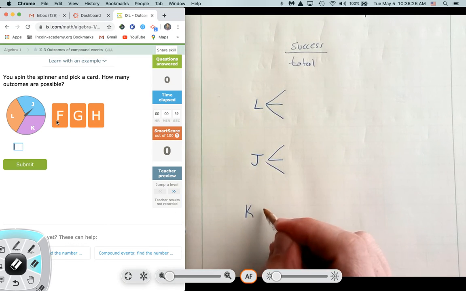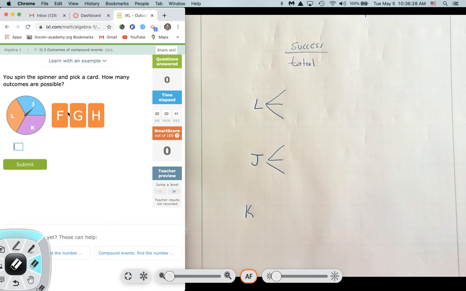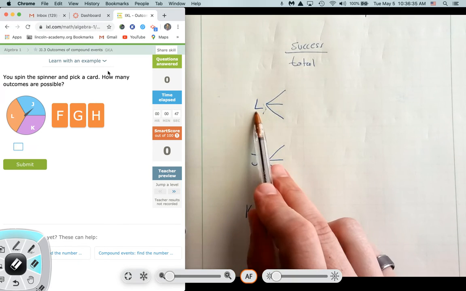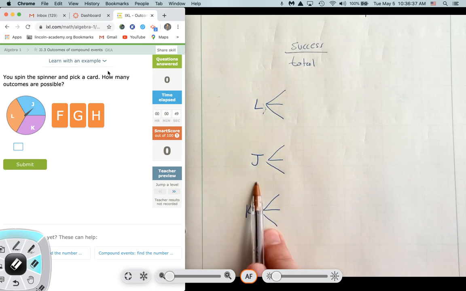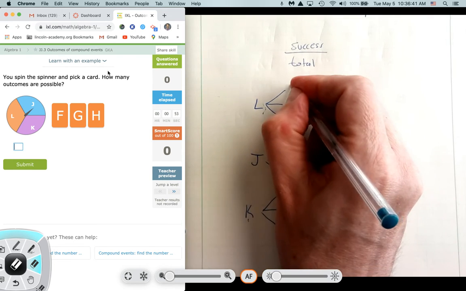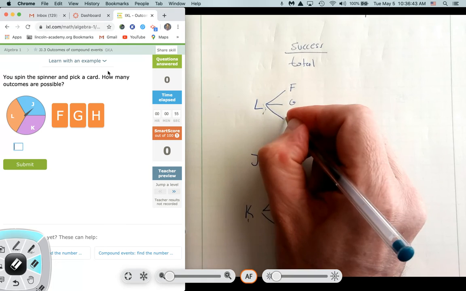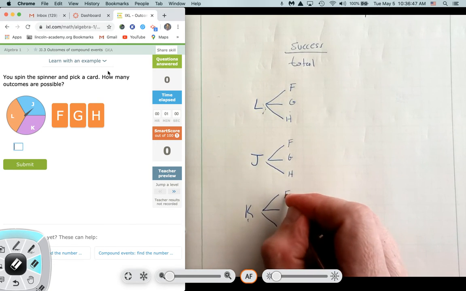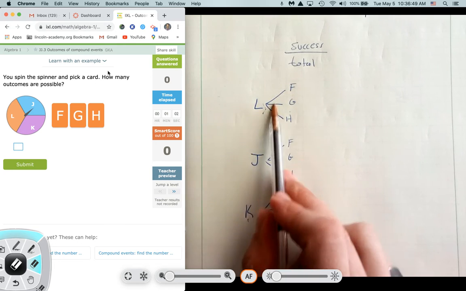And if you'll notice, there's only 3 things that can happen with the cards. So I branch out from each event happening in the first thing, the spinner, to each event happening in the second thing. So I could get an F, a G, or an H, an F, a G, or an H, and an F, a G, or an H. This is called a tree diagram.